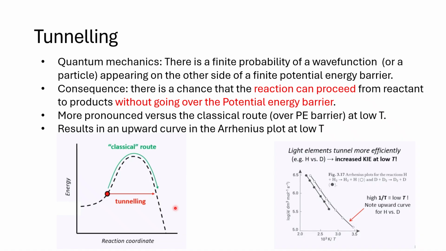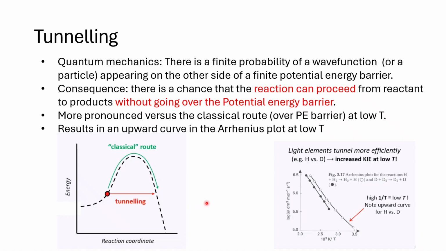This means the light isotope's rate constant is preferentially accelerated by the tunneling effect compared to the rate constant for the deuterium molecule. This preferentially increases the rate constant for the hydrogen molecule and leads to an increase in the kinetic isotope effect at low temperature as well.